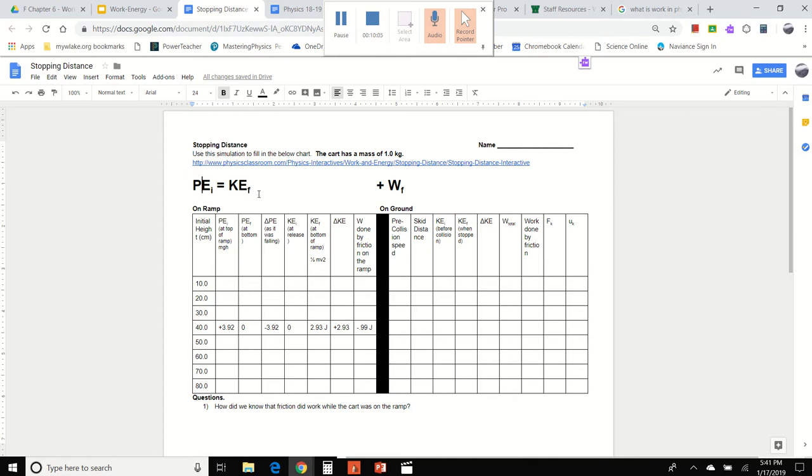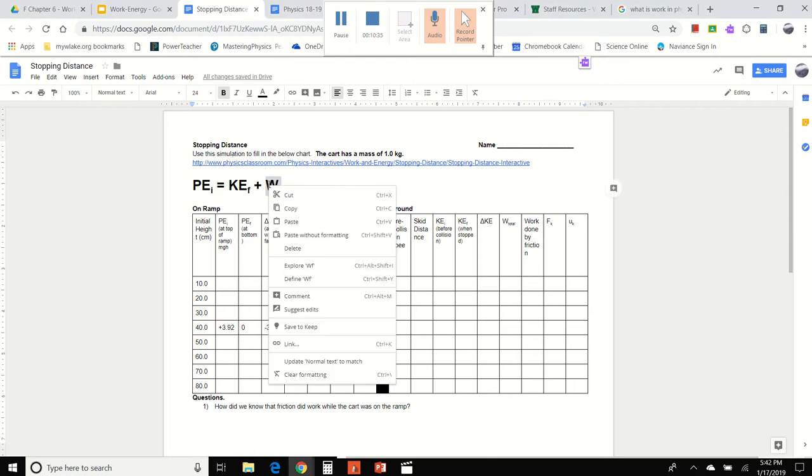Okay, we're doing this in two different parts here. But there is friction on the ramp, so that is the case. And you solve this algebraically for the work done by friction, you wind up getting PE initial minus KE final, which is exactly what you did. PE initial minus KE final.